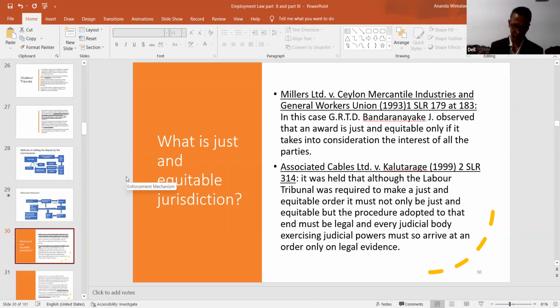To be started from Employment Law part 2, after slide 29. Okay, right. So what are the problems or questions or any clarification do you have so far?